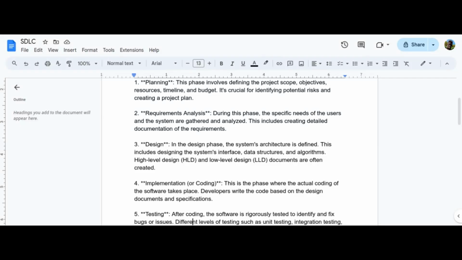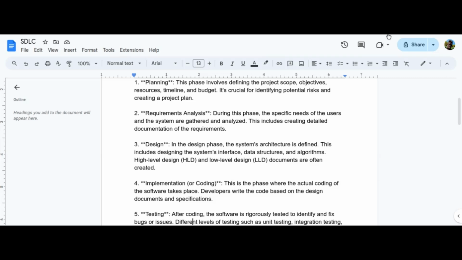Now we will discuss the SDLC third phase, the design phase. So what is the design phase? In this design phase, the system architecture is defined. This includes designing the system interface, data structure, algorithms, and high level and low level design documents are often created.